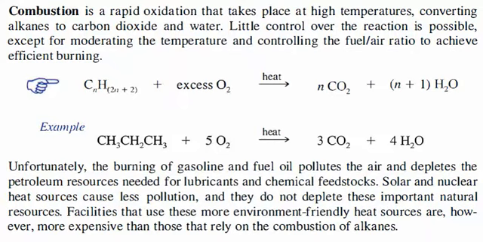And we heat them, and on the product side we have n CO2 plus (n+1) H2O. For example, for combustion of propane, we require 5 moles of oxygen for 1 mole of propane, and under complete combustion, it gives us 3 moles of CO2 and 4 moles of H2O.